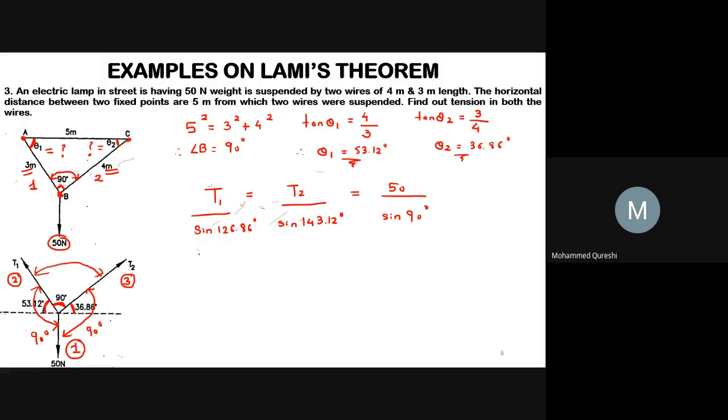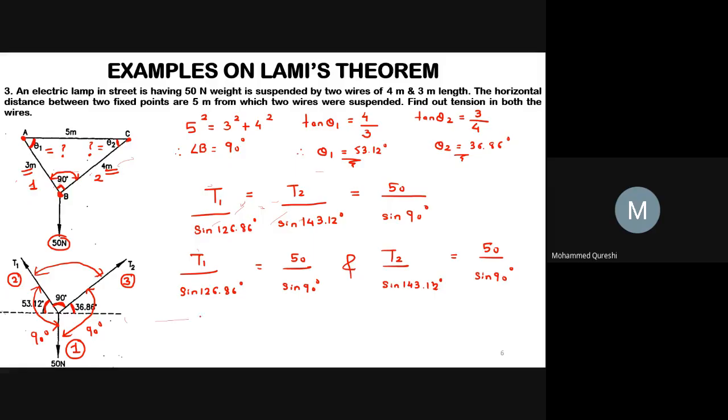So here we may write that T1 upon sine 126.86 degree equals 50 upon sine 90, and T2 upon sine 143.12 degree equals 50 upon sine 90.